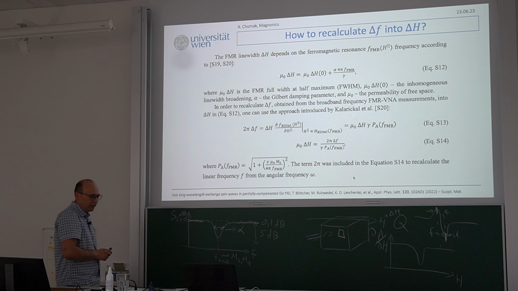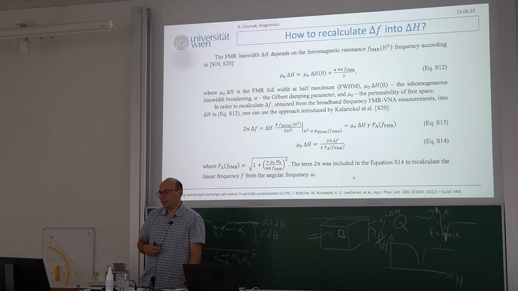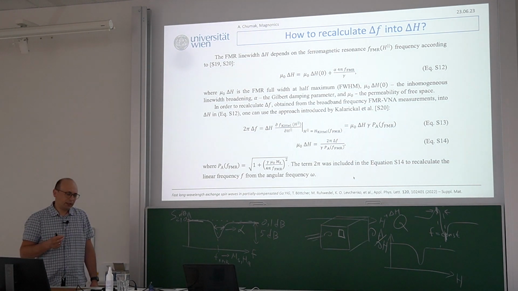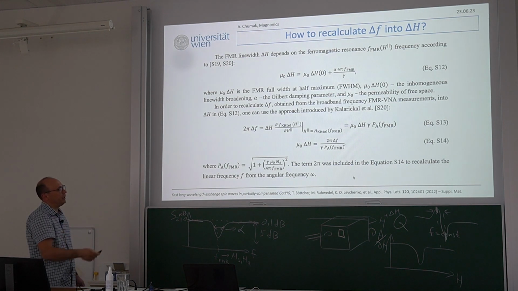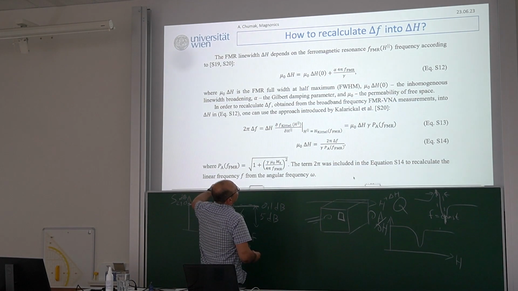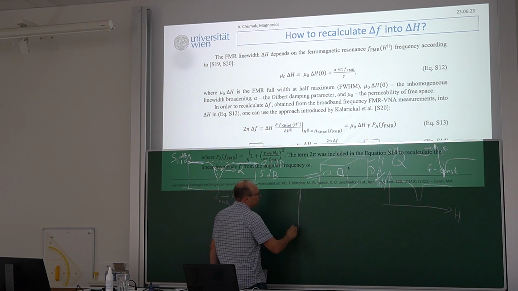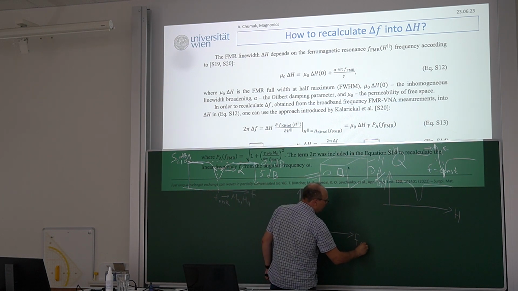So we discussed that damping, described by the Gilbert damping term, is viscous. So it means that the higher the frequency, the larger is your damping, the larger is delta H. Therefore, your curve will look like this one. That's what you plot. Here you have FMR.